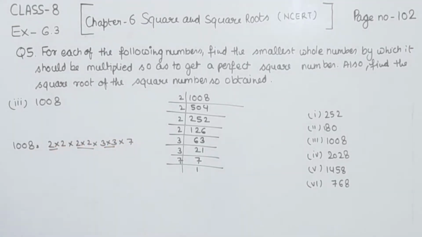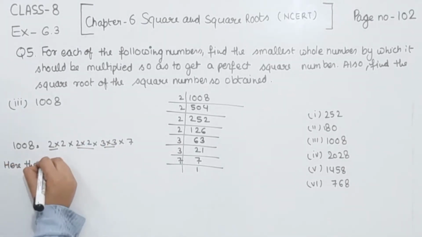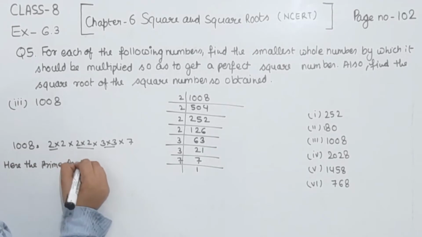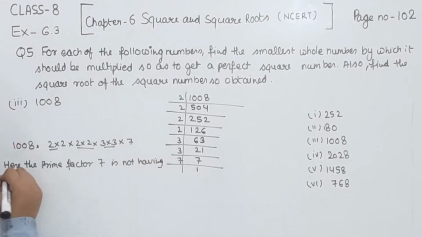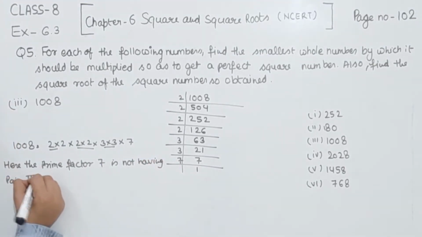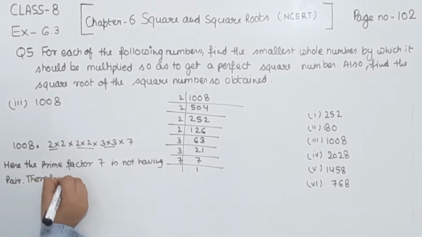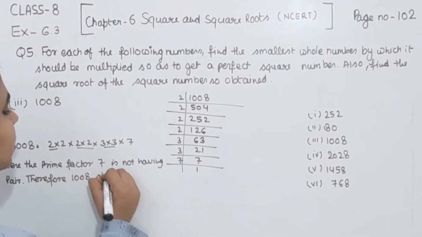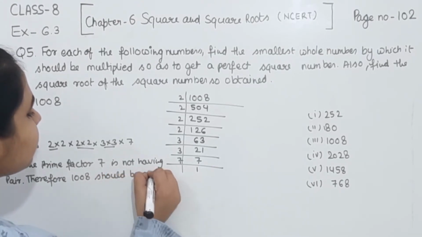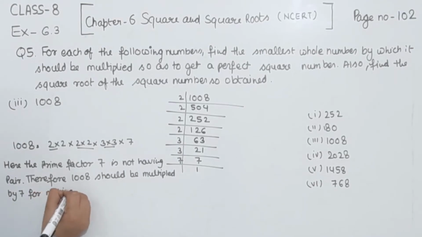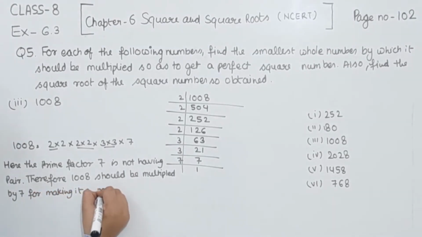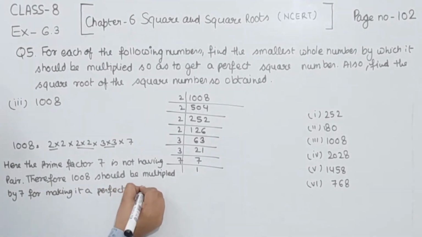So we are not having the pair of 7. So we are going to write here, the prime factor 7 is not having a pair, therefore 1008 should be multiplied by 7 for making it a perfect square.